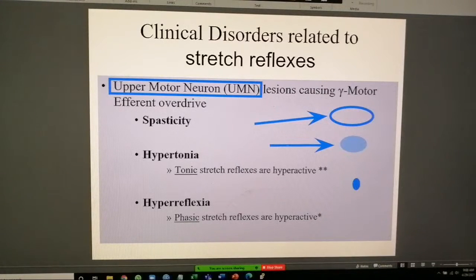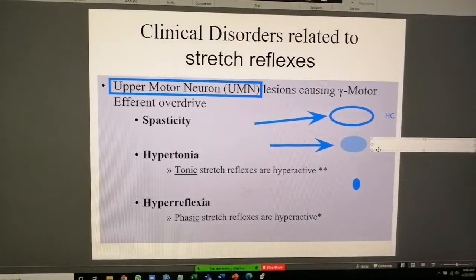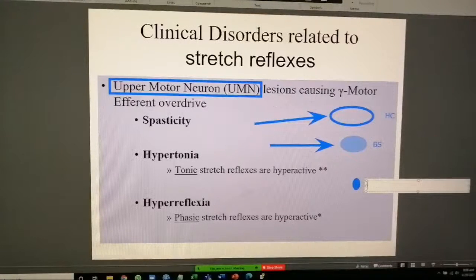Let me just label it for the people who join us later. This is higher centers. This is brain stem. I hope you guys can see this. This is the ventral horn of the spinal cord.